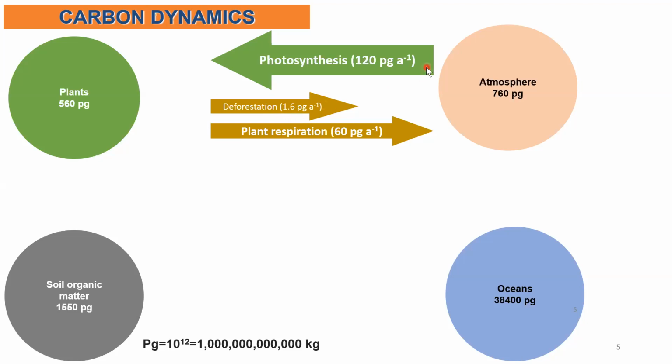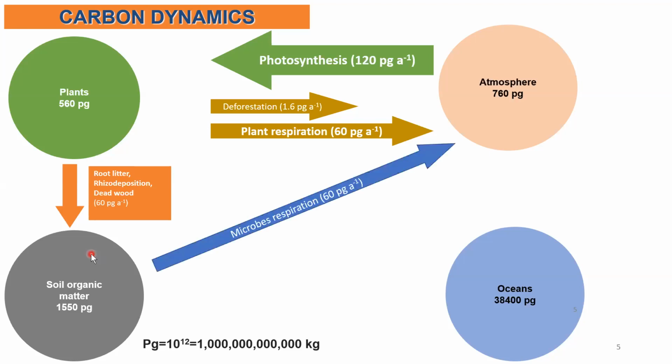So it means of the amount taken up by the plants, more than 50% is lost here. And then the other 60 petagrams is entering the soil through the roots and the crop residues, decomposition, etc. And the microbes present in the soil respire and release 60 petagrams to the atmosphere.